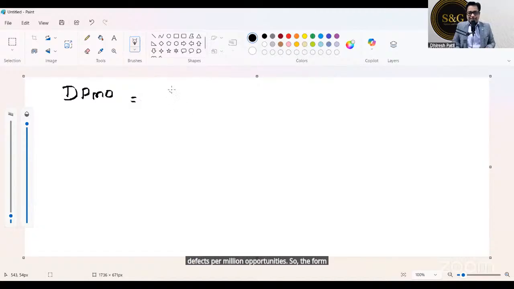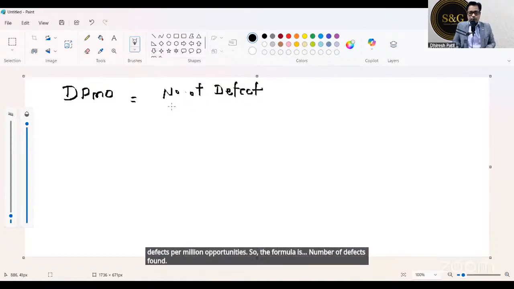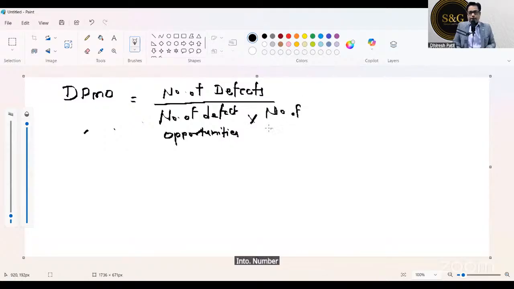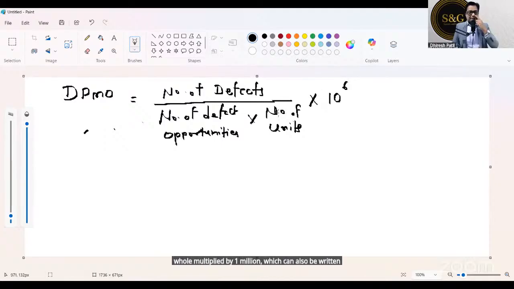So the formula is: number of defects found, divided by number of defect opportunities into number of units checked, basically. Whole multiplied by 1 million, which can also be written as 10 raised to 6.